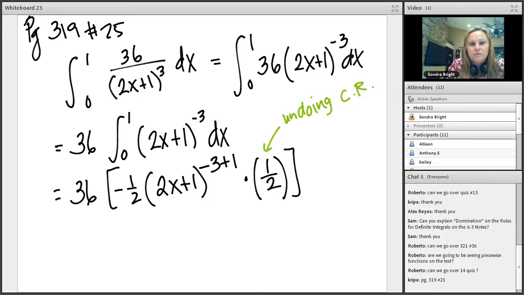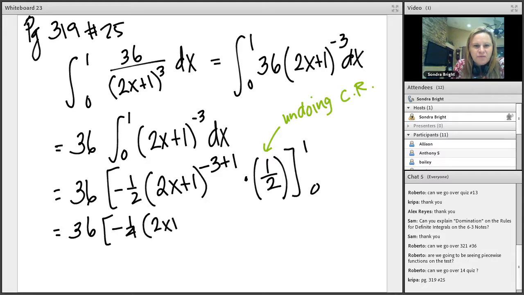And you're evaluating it from 0 to 1. So let me simplify this really quick, and it would give me negative 1/4 times (2x plus 1) to the negative 2 power.